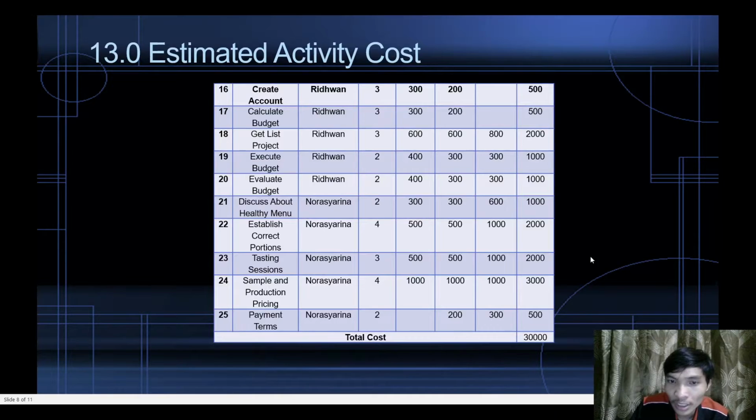This is the estimate activity cost for every activity from activity 1 to activity 5.